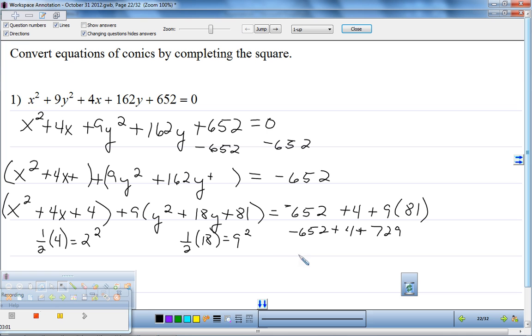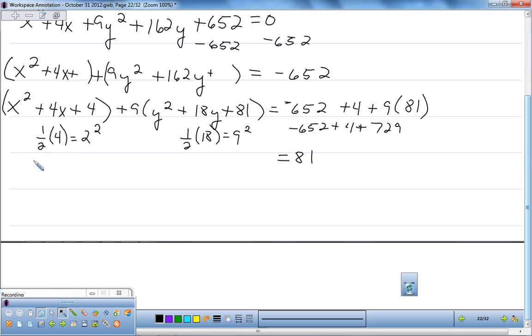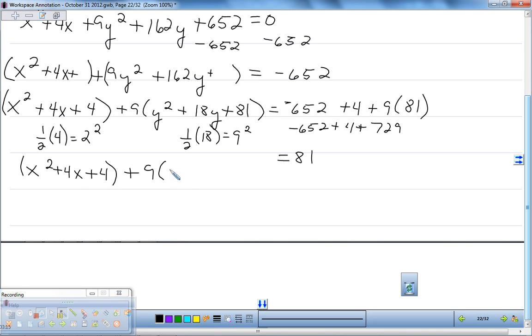But when we combine all this, we end up with 81. Now, let's go ahead and write this out, and then we're not that far from being done. Again, that's all equal to 81.